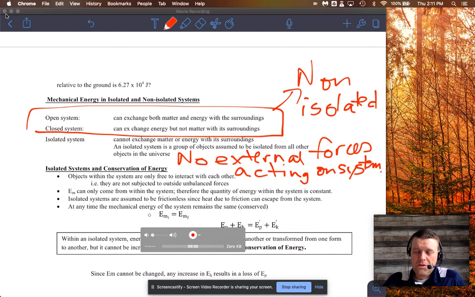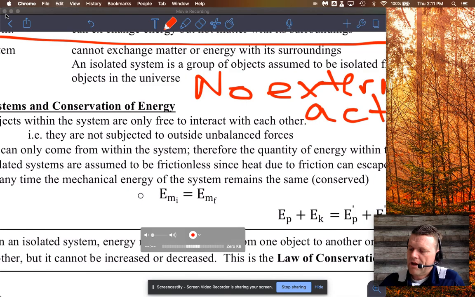Non-isolated systems, it will be obvious that there's been a change in the total amount of energy, and I'll show you that here in just a second. But this is the formula that defines an isolated system, and this is what's really powerful in terms of doing math: you can calculate the mechanical energy of an object at one position, and then compare that to the mechanical energy at another position.